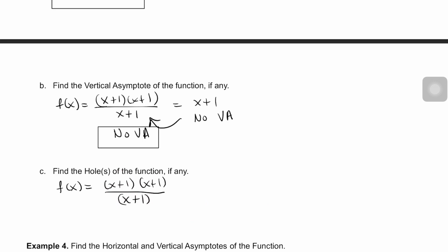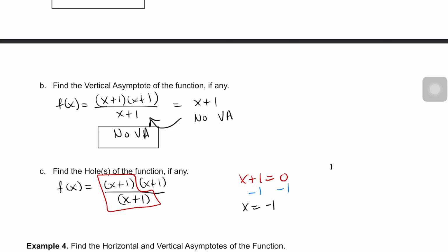So I'm going to write it here. Because these two cancel each other out, x plus 1 is set equal to 0 and solved for x. This gives us x equals negative 1. So at negative 1 we'll have a hole, but we're going to actually find the hole because the hole is an ordered pair.